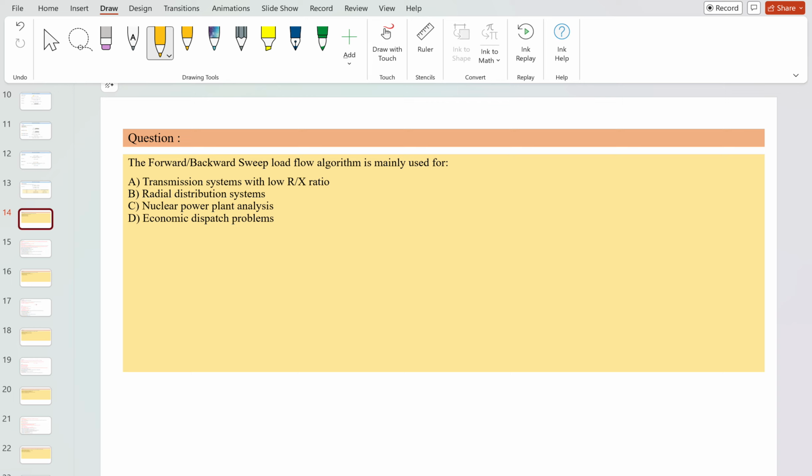First, we will see some theoretical problems. After that, we will see some basic numerical problems. Try to solve this. Okay, I got one answer, option B. That's true, because we already know that in the distribution network, the forward and backward sweep load flow algorithm is important.